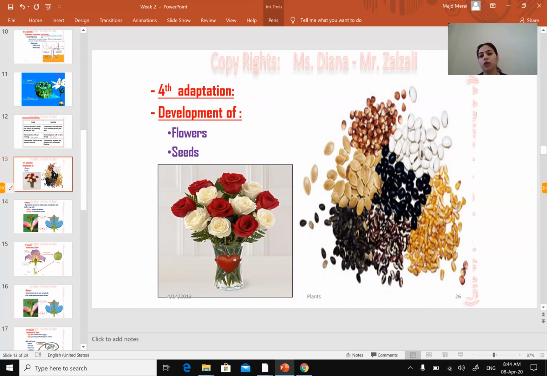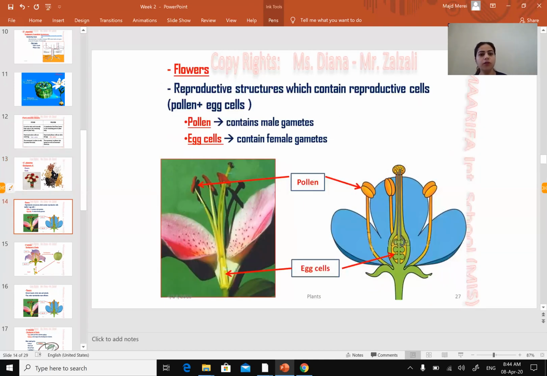Again, today, just in general. Later on in week 4, you will learn the structure of a flower in detail, and you will learn about seeds later on in detail. Today, just in general as an adaptation. So what are flowers? We can define them as reproductive structures. Why?